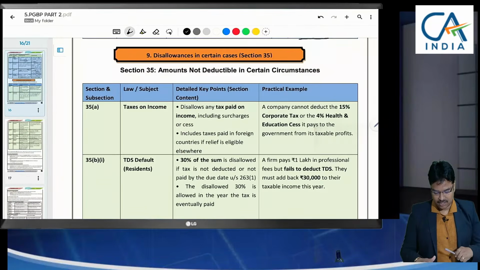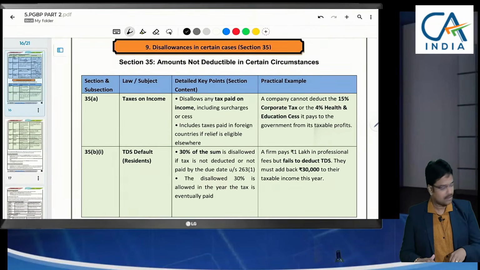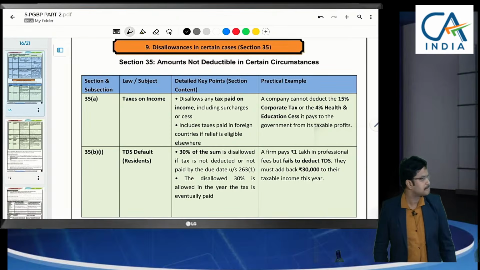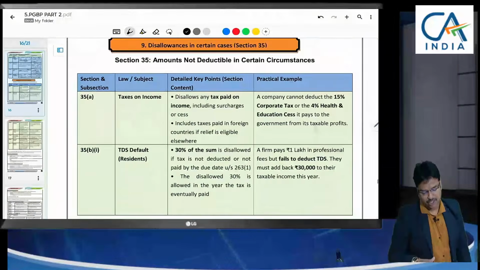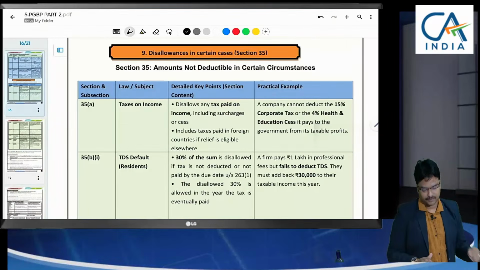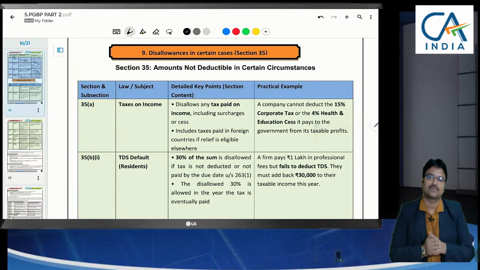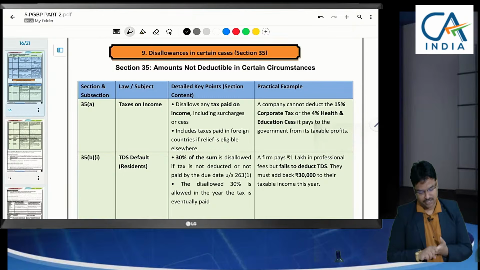So, what we have discussed here is section 34. Till now allowances were discussed. From now disallowances will come into existence.